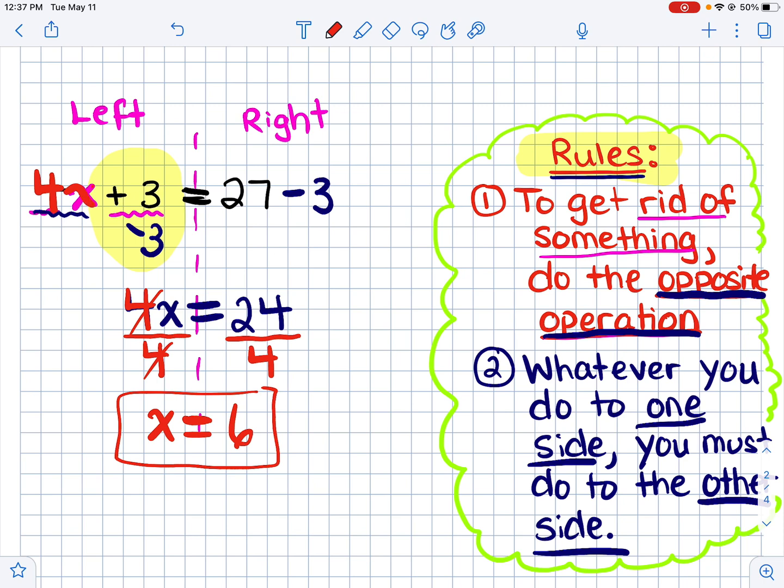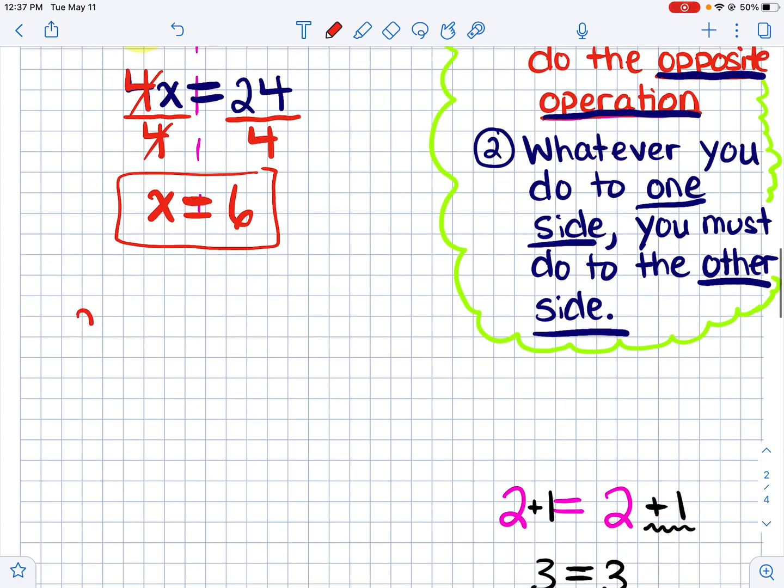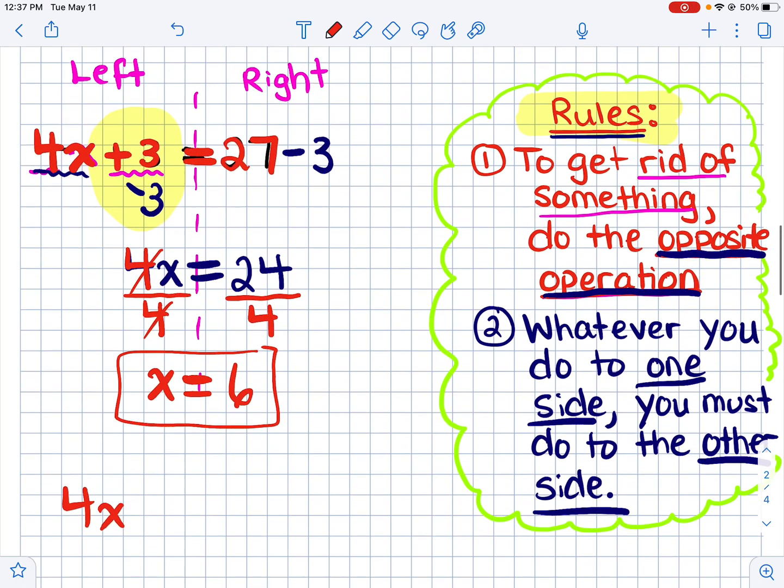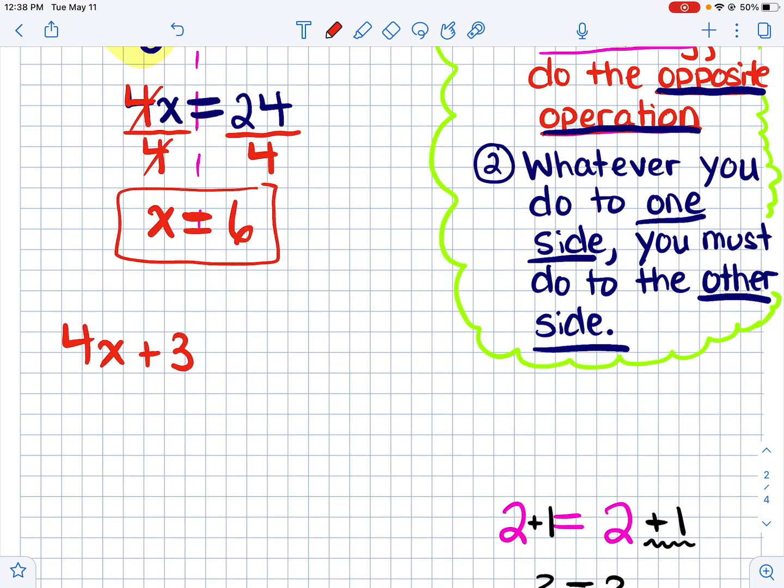Remember our original equation was 4x plus 3 equals 27. So if I wanted to check that, 4x plus 3 equals 27, I could just substitute 6 for x.